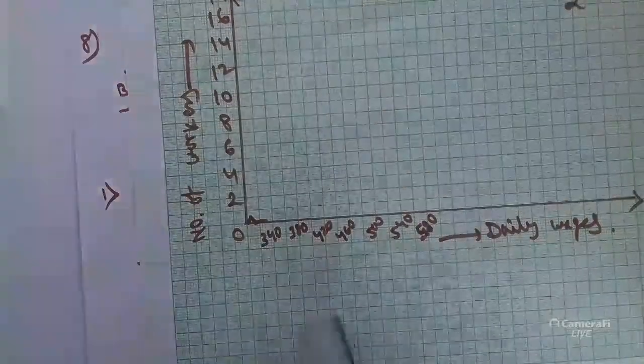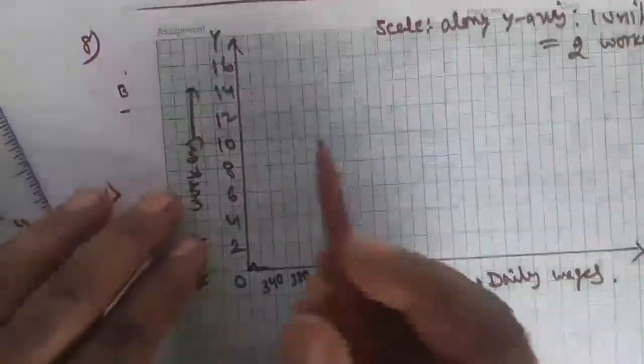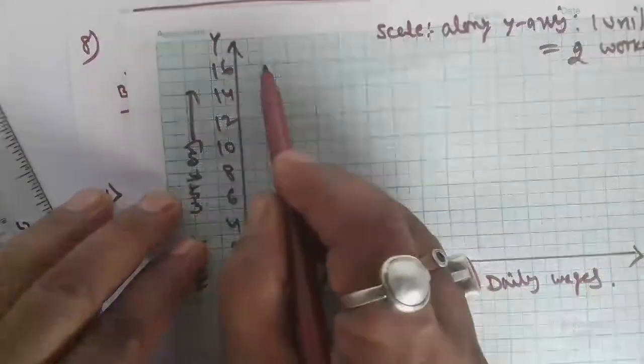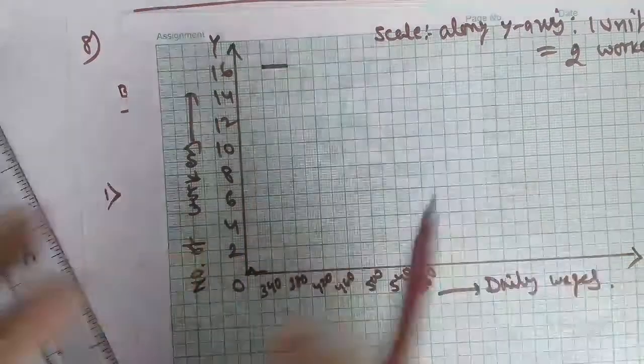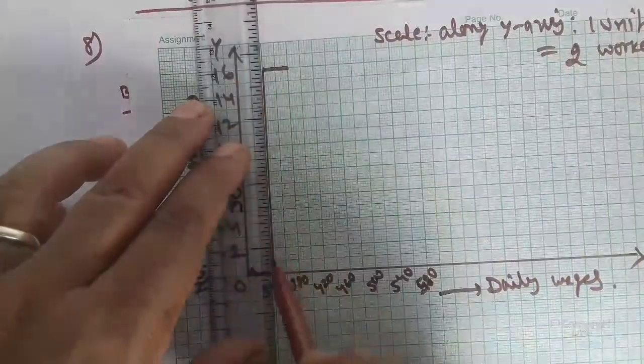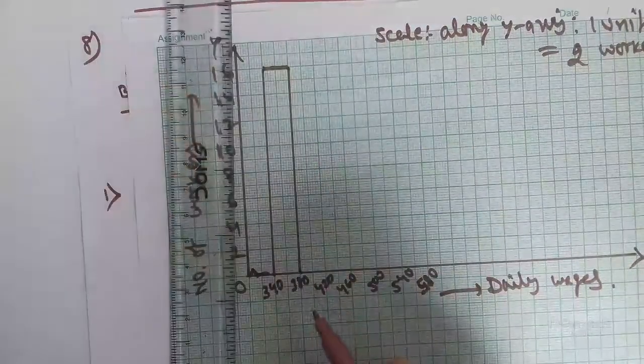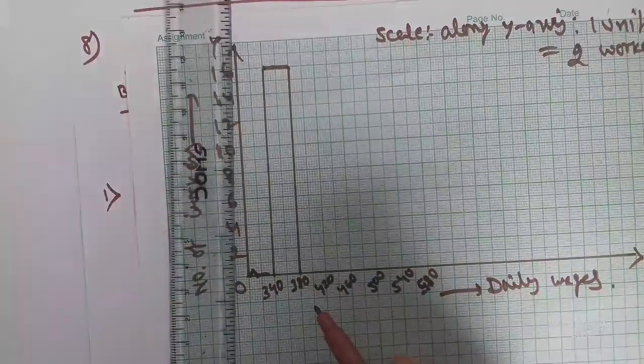Now at first under 340 to 380, 16 workers are there. So where is 16? It is 16. So here we have to draw the bar, and then 380 to 420, 9 workers are there.